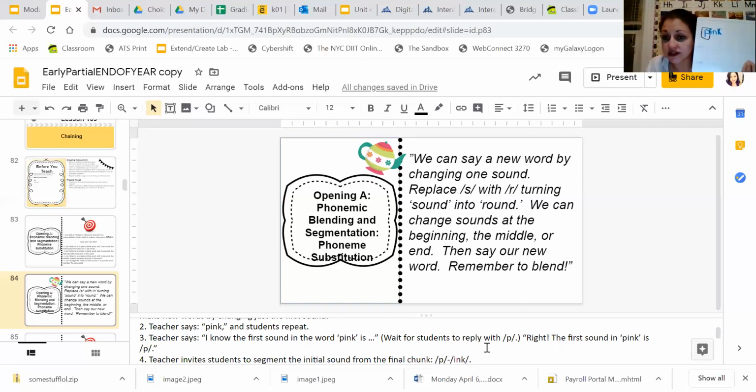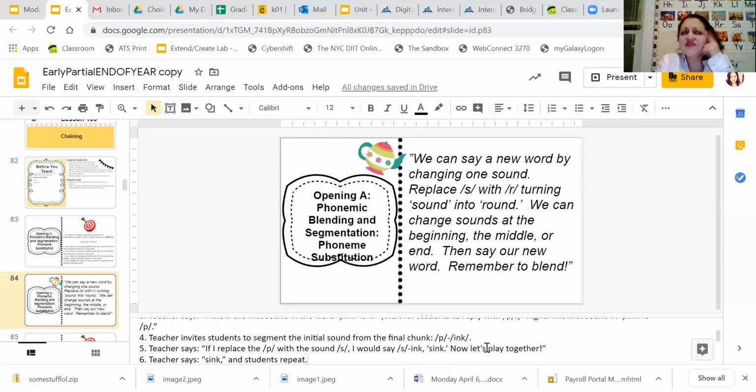That is my first sound in my word, ink. Ink. You see how I did that? I took it apart. I broke the word up, okay? So it is ink. Say it with me, ink, okay?